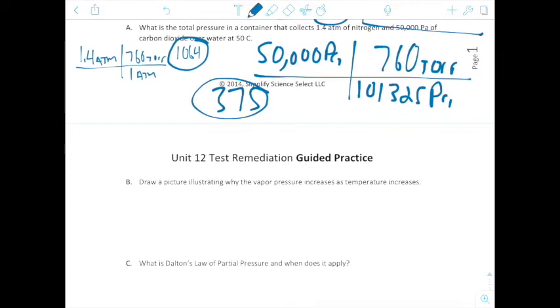Next question, draw a picture illustrating why the vapor pressure increases as the temperature increases.